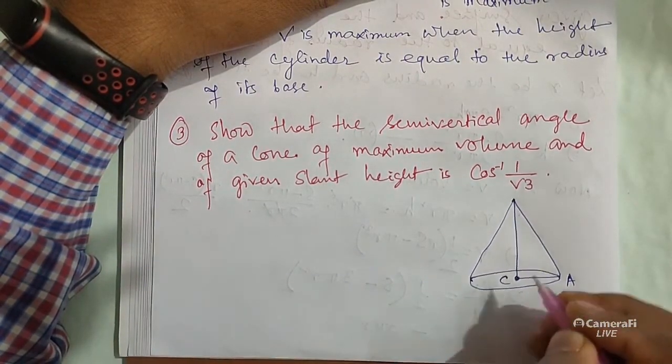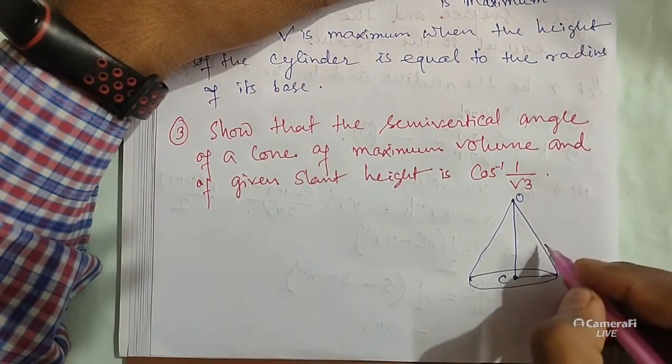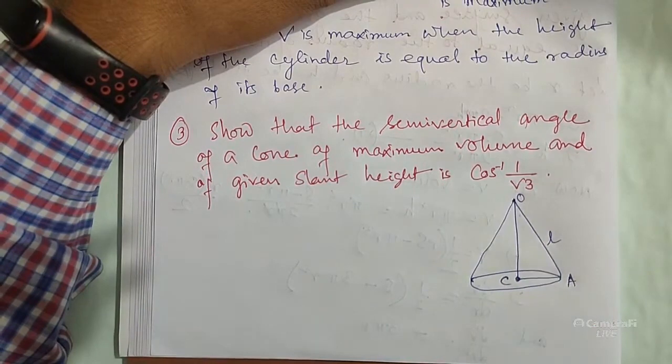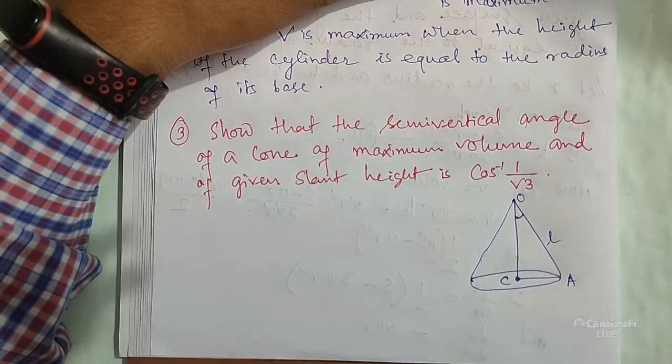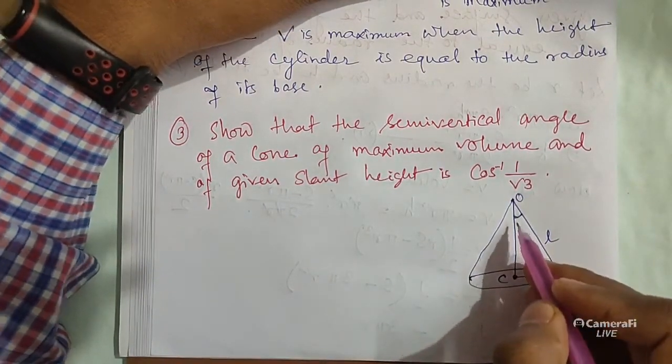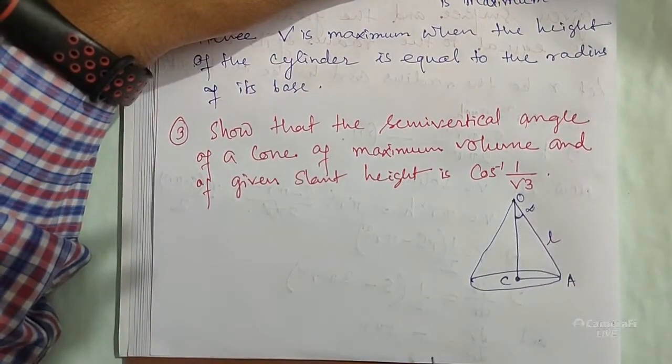A, C, O. Now let the slant height be L. And this is the semi-vertical angle. The total angle is the vertical angle, half means semi-vertical angle. Let this angle be alpha.